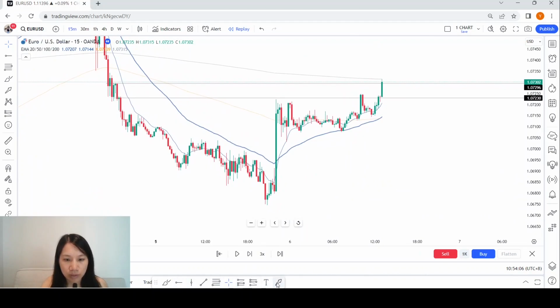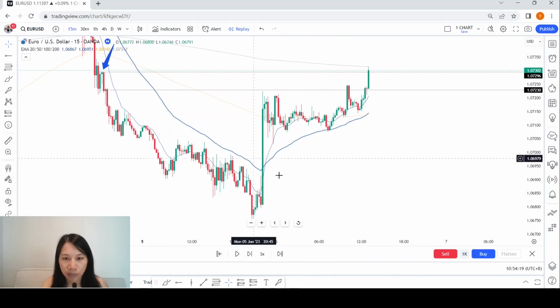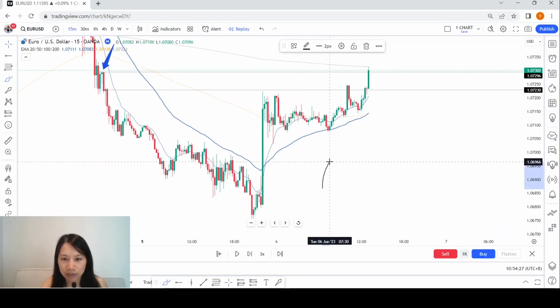So this was the level I marked on H1. So I'm expecting to break this high. Also, as you can see, the market is moving very choppy, like going nowhere.